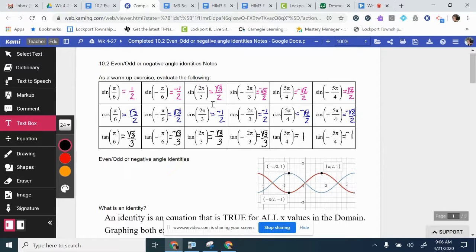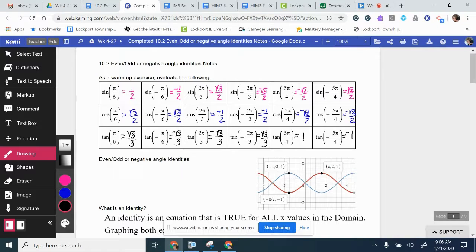We want to look across the rows and see what relationships pop out of the numbers that we're getting for the very similar but not identical angles. And when we do that, we can develop our even, odd, or we can call them negative angle identities.